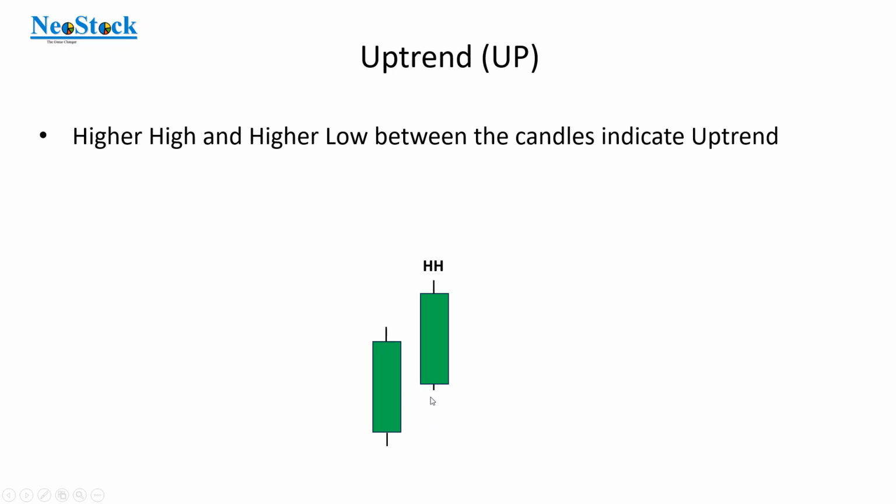Because it is higher, we get H and the parameter is L, so HL. So that means the present candle's low is higher than the previous candle's low. That is higher low. So what does this uptrend indicate? Higher high and higher low between the candles indicates the uptrend.